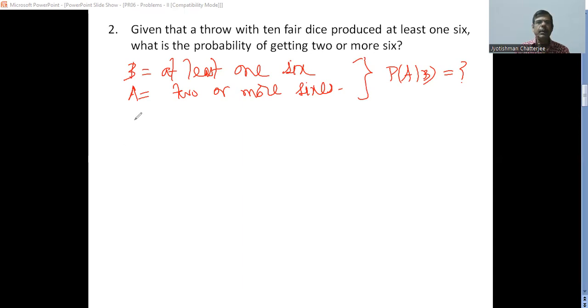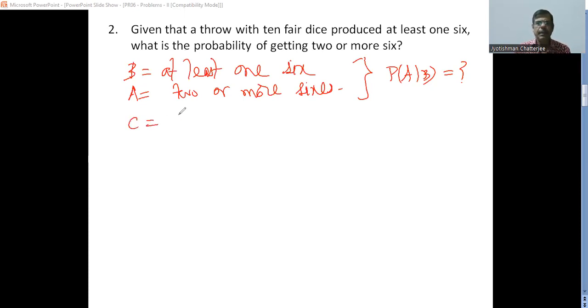Let's write down two more events. The number of sixes out of a roll of 10 fair dice can be either 0 or 1 or 2 up to 10.